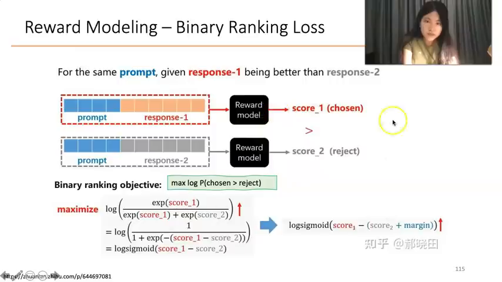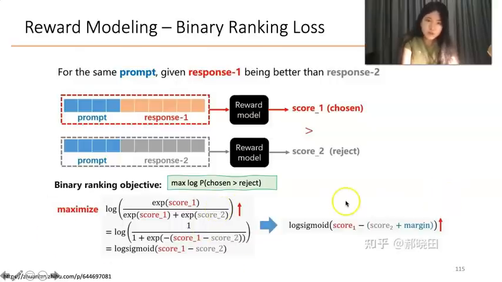Score 1 indicates chosen, and score 2 indicates rejected. Our binary ranking objective is just maximizing the log probability of chosen larger than rejected. This probability of chosen larger than rejected can be further written as the sigmoid function of score 1 minus score 2. You can go through the steps, which means that we want to maximize this.